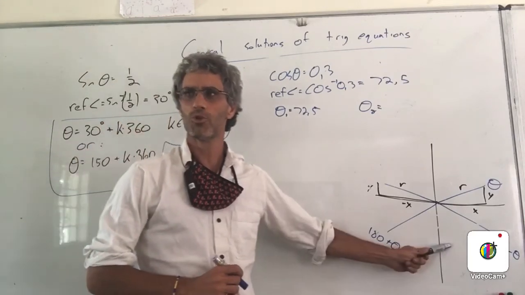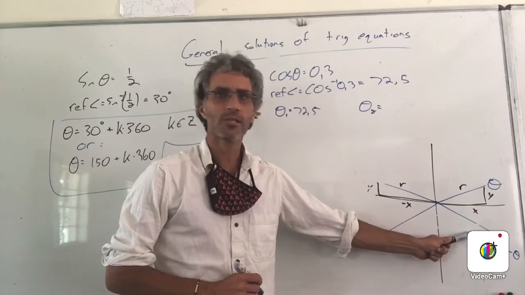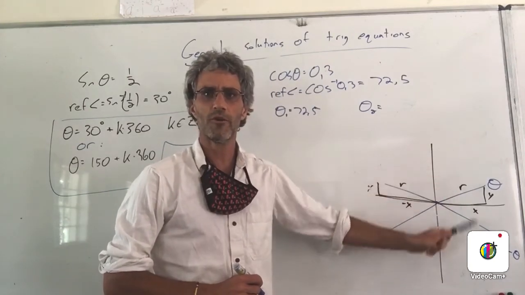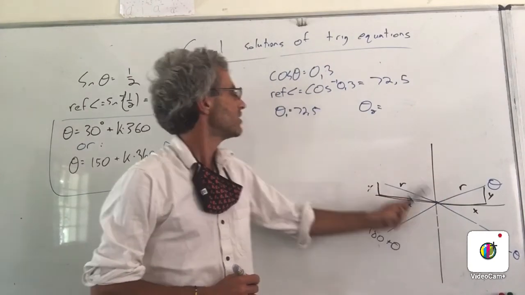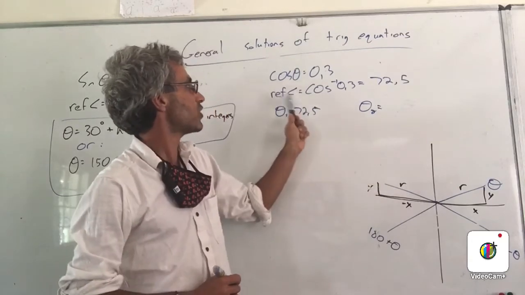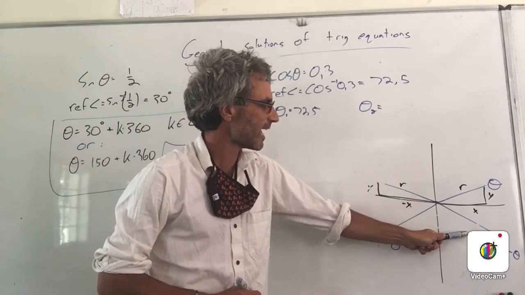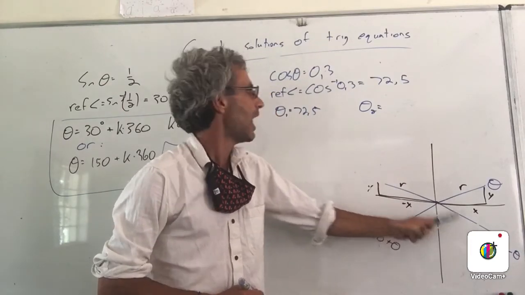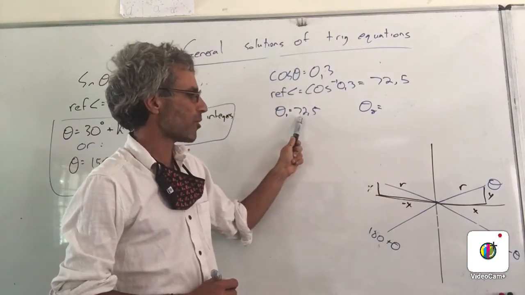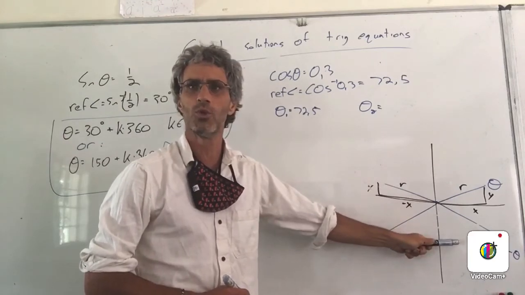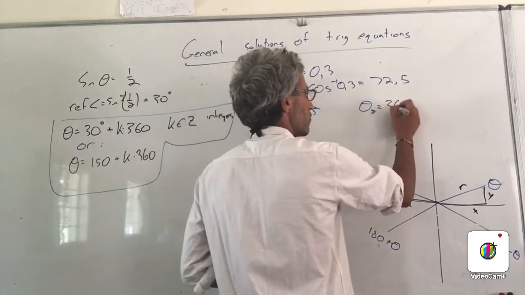The fourth quadrant, because cos is positive in the first and the fourth. The first reference angle is always in the first quadrant, the second angle is in the fourth quadrant. How do I go from 72.5 to the fourth quadrant? 360 minus 72.5.